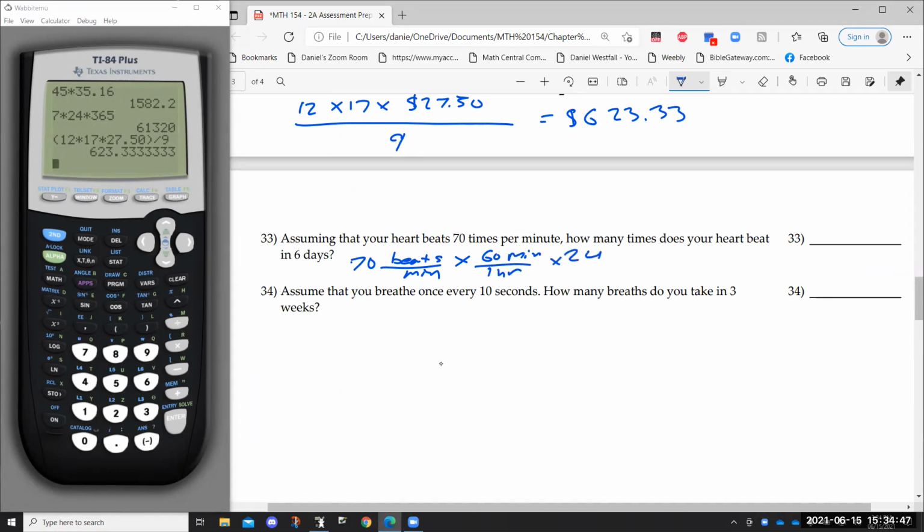It's going to be 24 hours in 1 day. And we want 6 days. So we're going to multiply that by the 6 days.